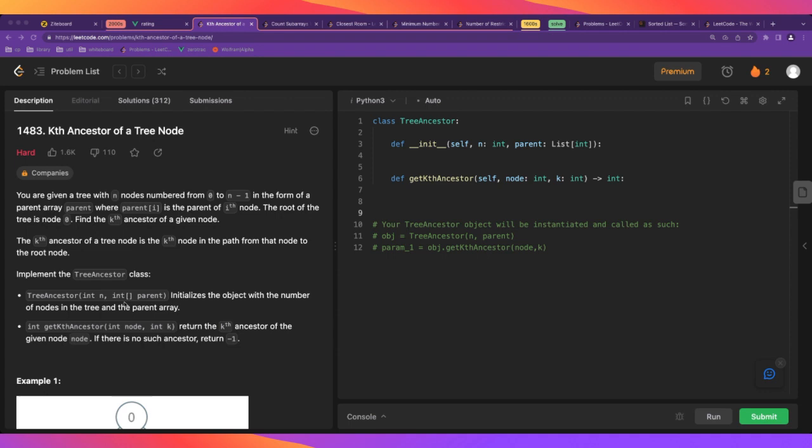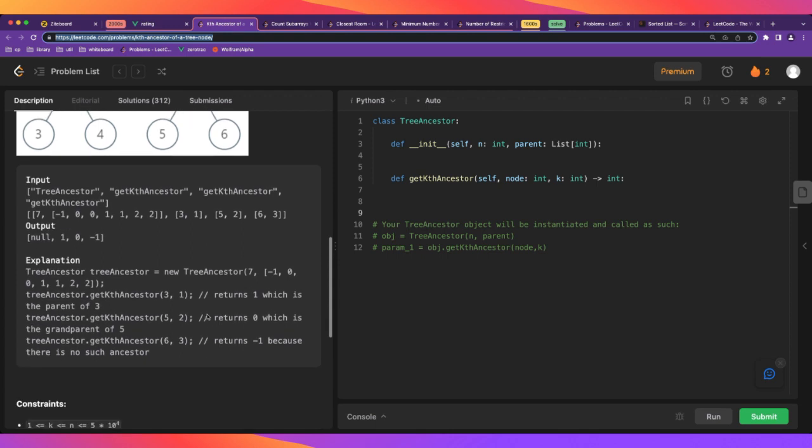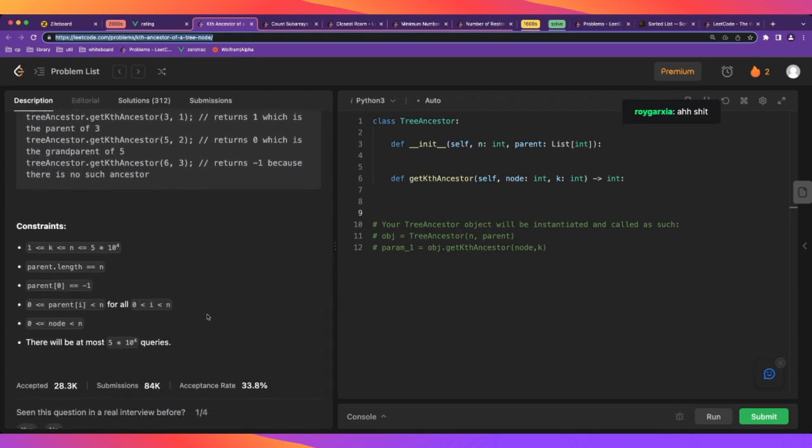We are given the tree at the beginning, and then we are asked queries about nodes and the kth ancestor. So the tree is static, which is one type of query problem.